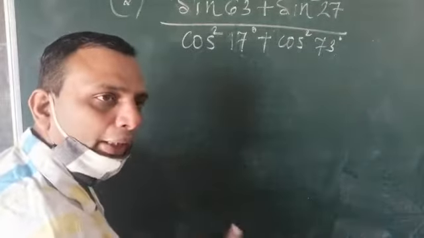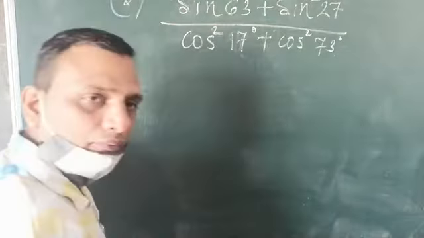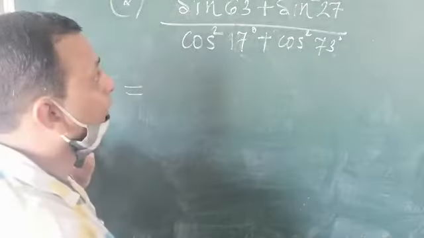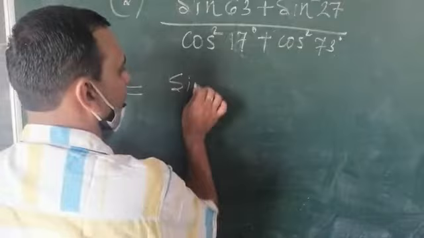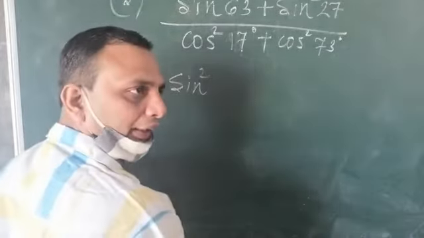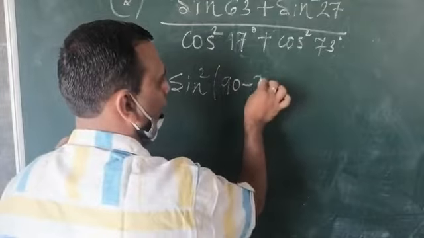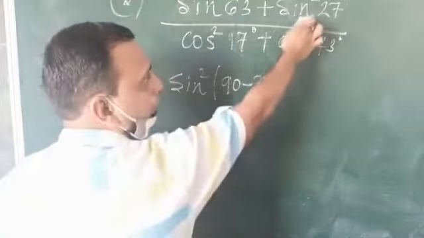Here we have used 8.3 and 8.4 together. This is to change. Sin square 63 is here, 90 minus 27. Now you check here, this answer will be cos square 27, right?